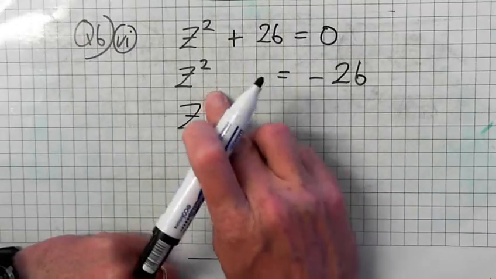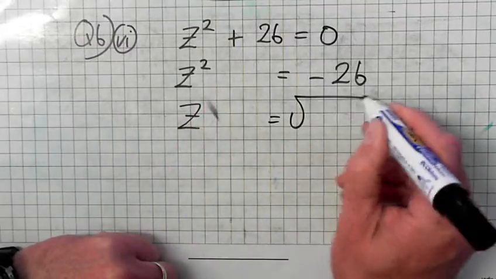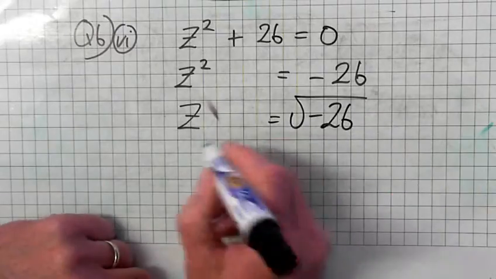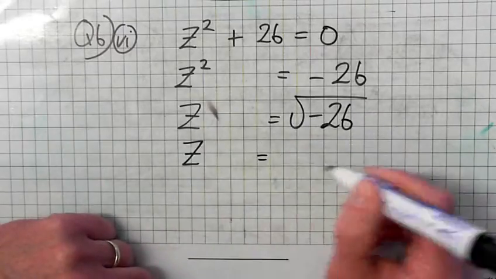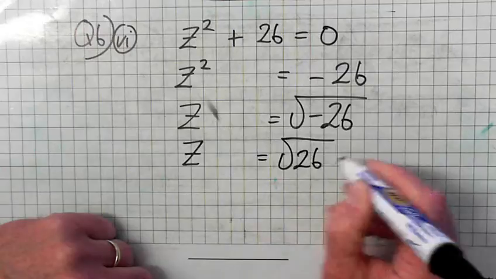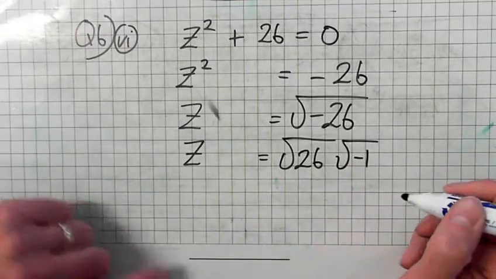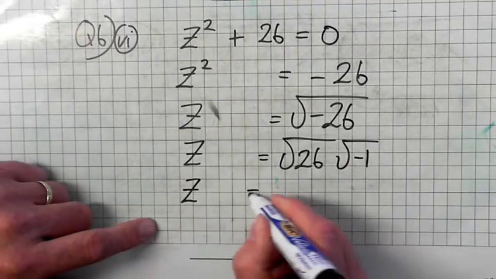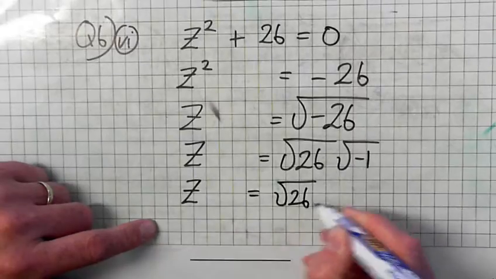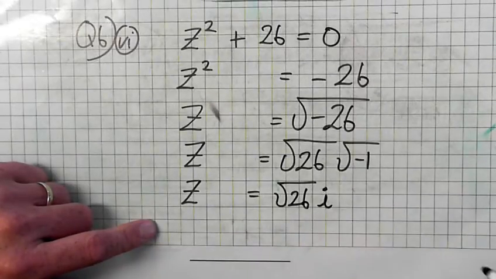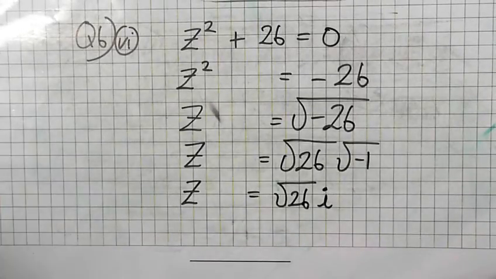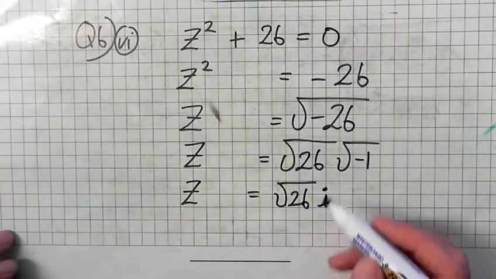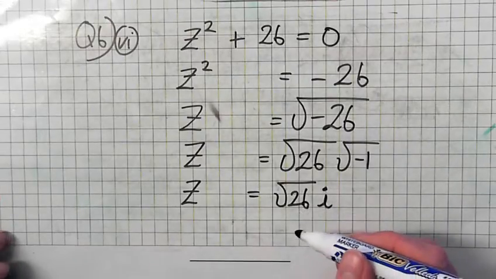So z is equal to the square root of minus 26. So break it up into the square root of 26 times the square root of minus 1. So square root of 26i. There's no square number that will divide into 26, so we'll just leave it as the square root of 26.